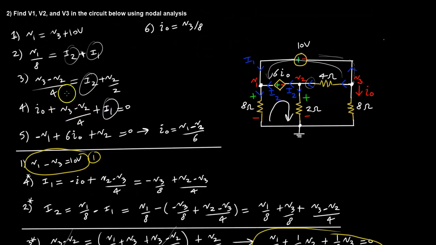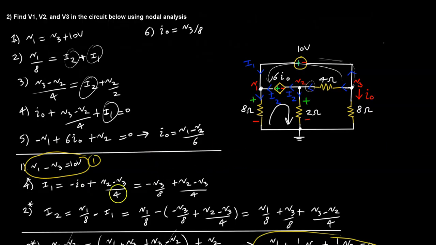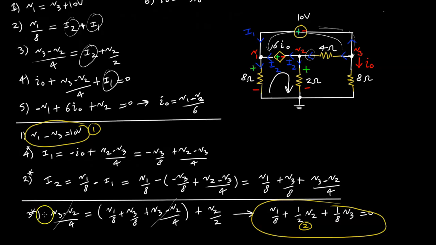We plug that into equation number 2, and by doing that we can solve for I2. Once we solve for I2 in equation 2 star, we plug the result for I2 into equation number 3. By doing that, I have 3 star, and you can see all of the steps here. I won't bore you with them.